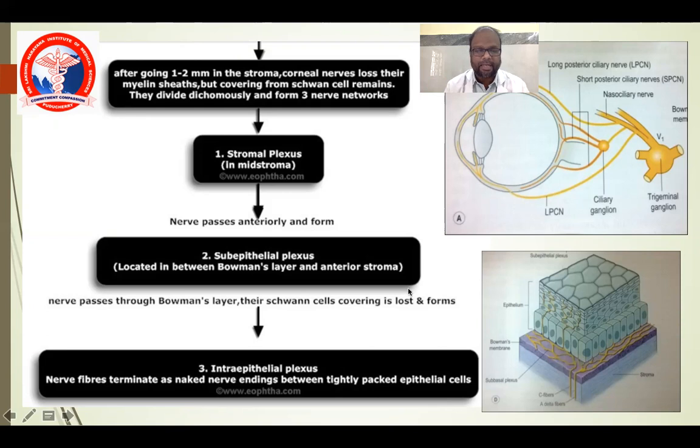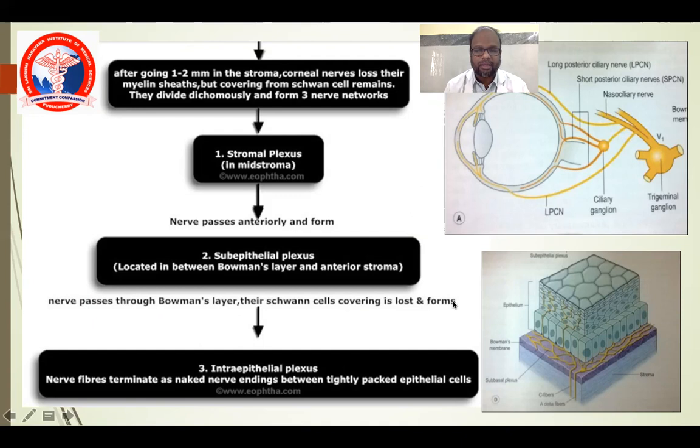The subepithelial plexus is under the epithelial layer, located between the Bowman's membrane and the anterior stroma. The nerve passes through the Bowman's membrane, and the Schwann cell covering is lost. The myelin was already lost before they entered the cornea; now even the Schwann cell covering is lost, and they are naked nerves.